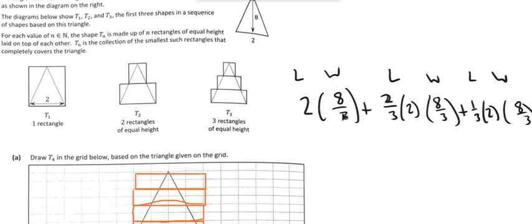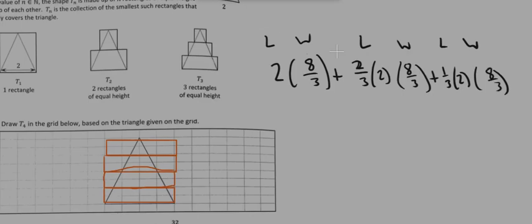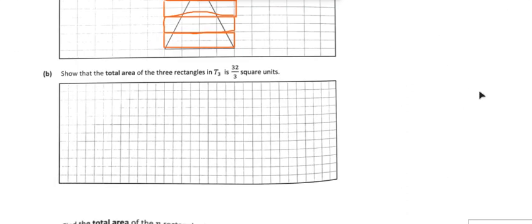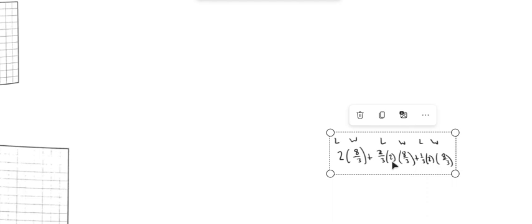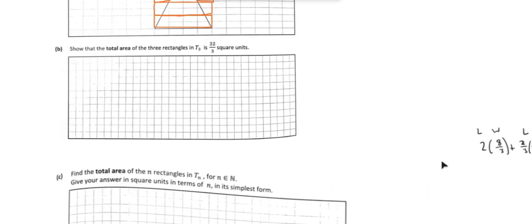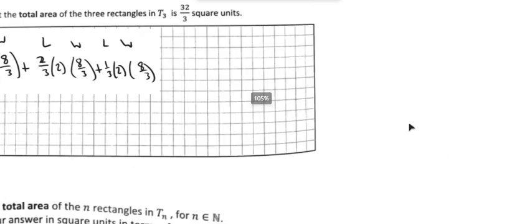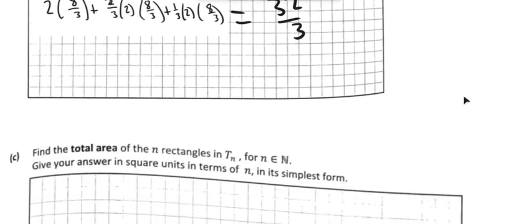And then if you multiply all those things together, so I should really have that down here, so we end up getting that down. If you put all that in the calculator, you should get 32/3. So that's it. That's part B.